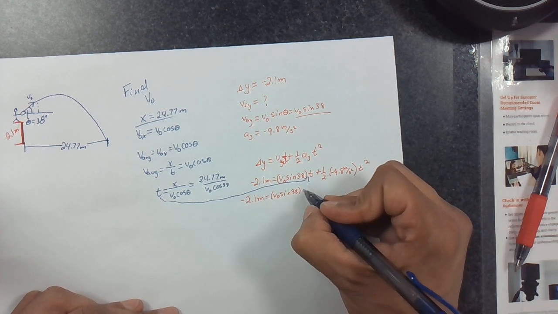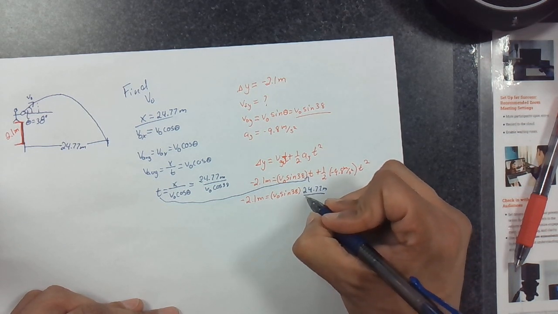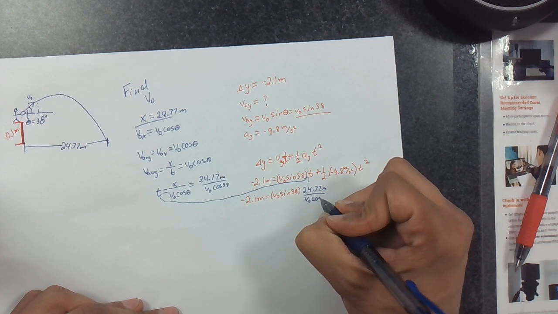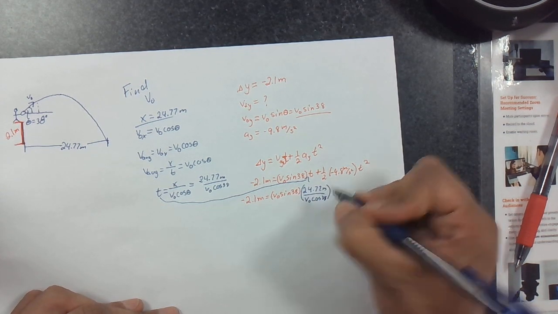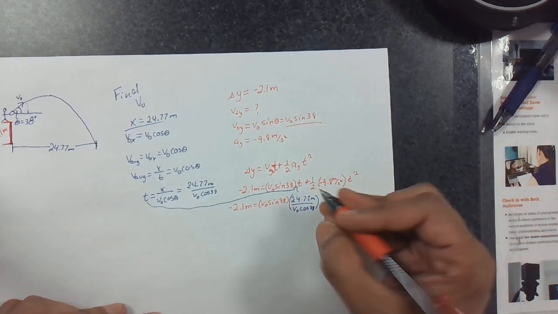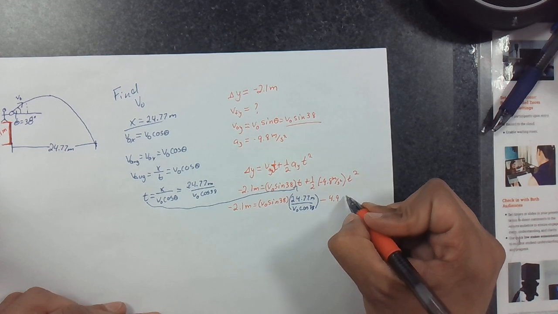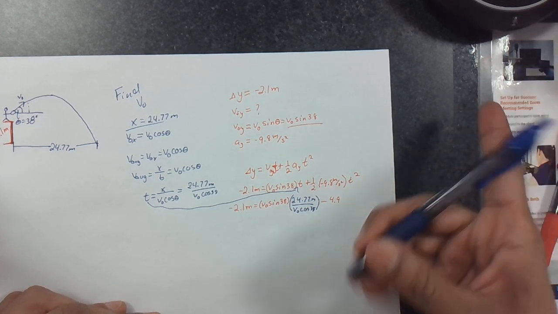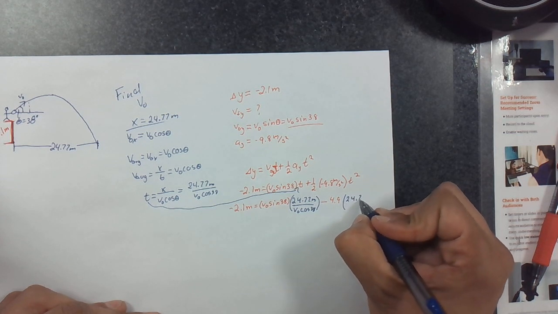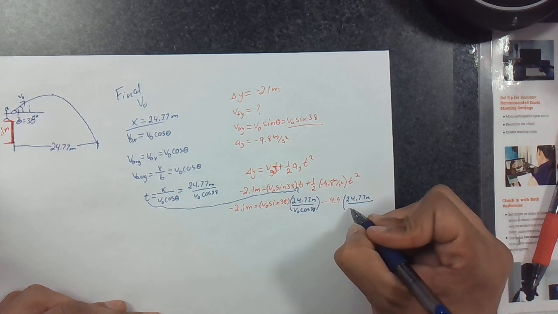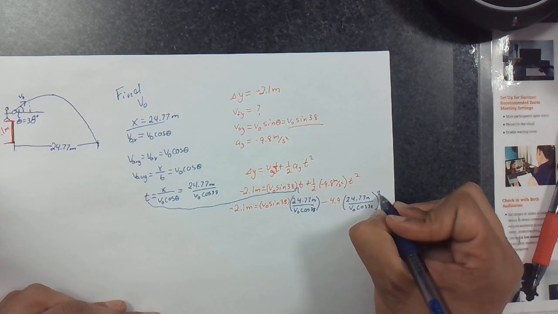We're going to get 24.77 meters over v naught cosine 38, minus 4.9 times 24.77 meters over v naught cosine 38 squared.